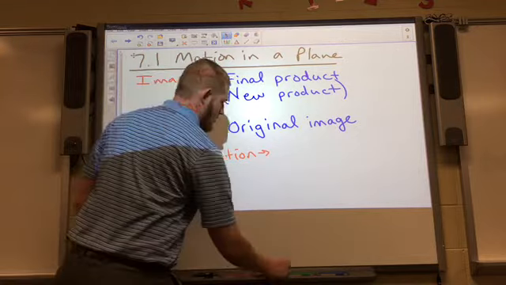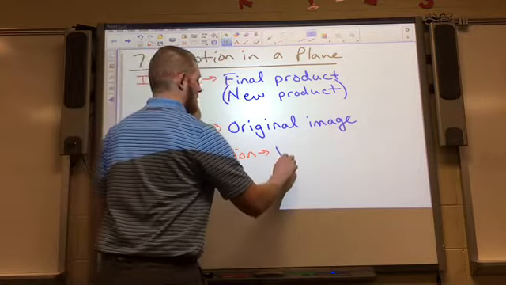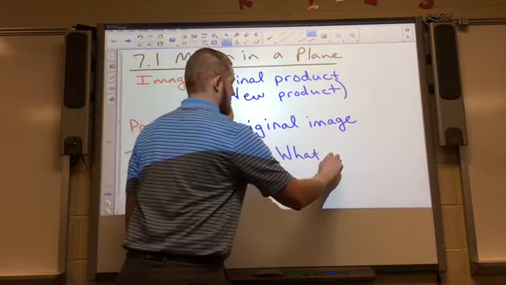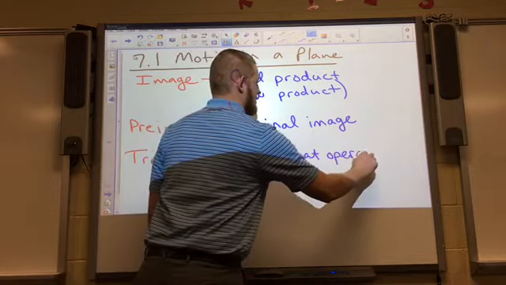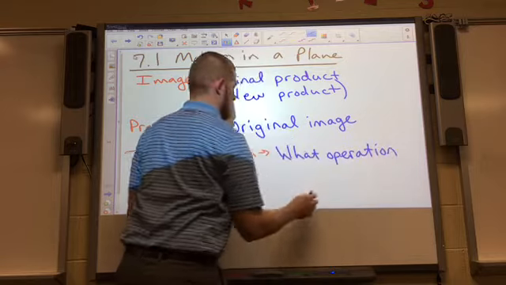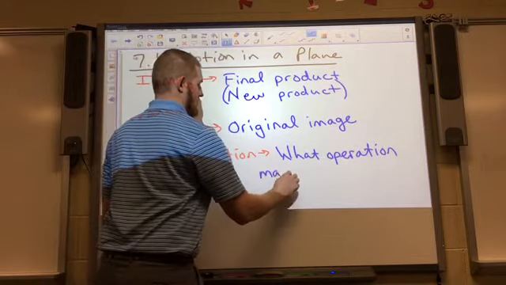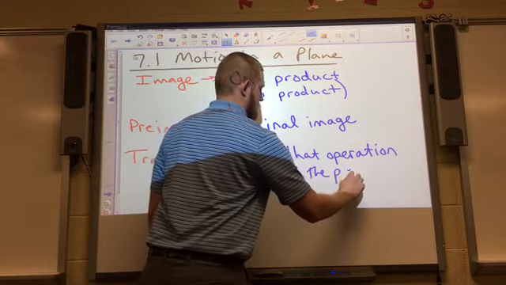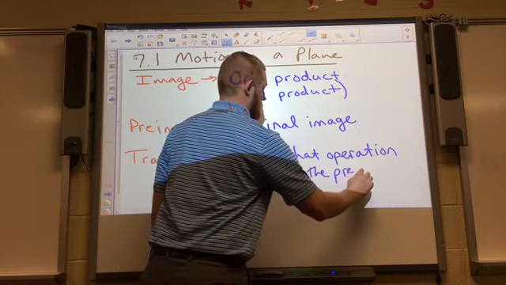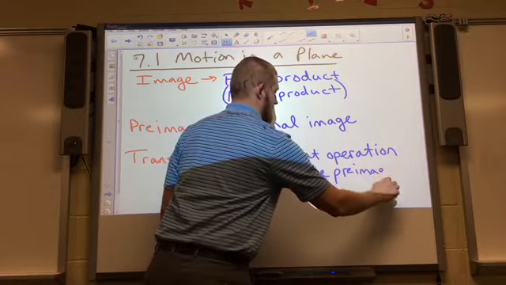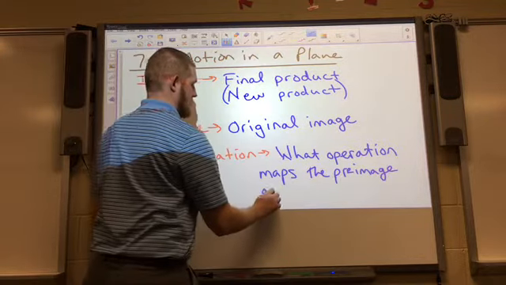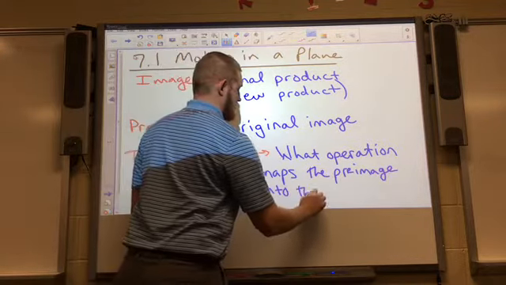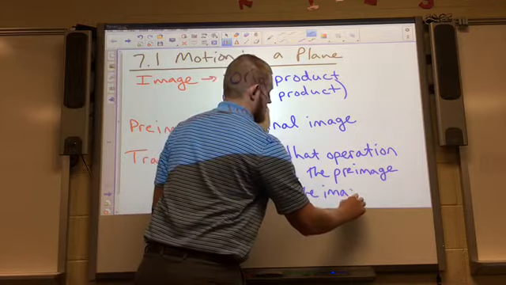What operation maps the pre-image onto the image?